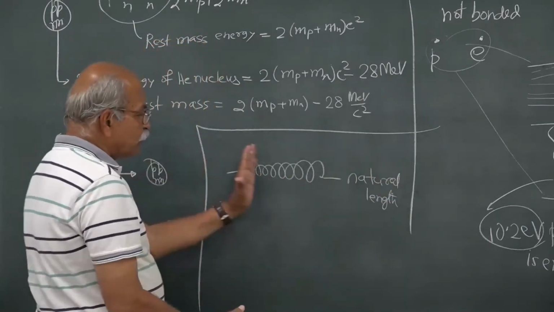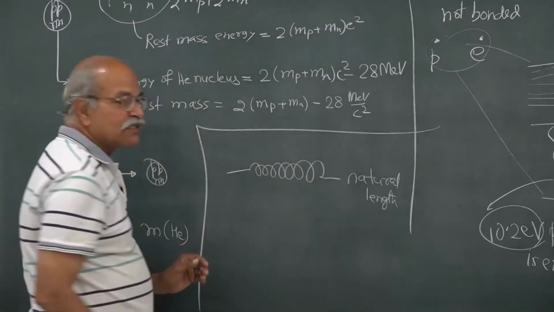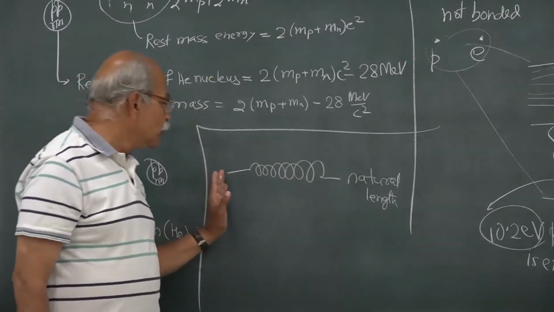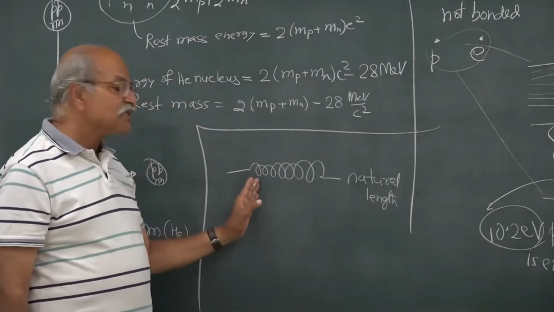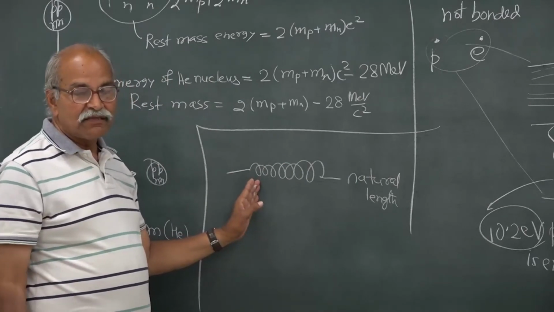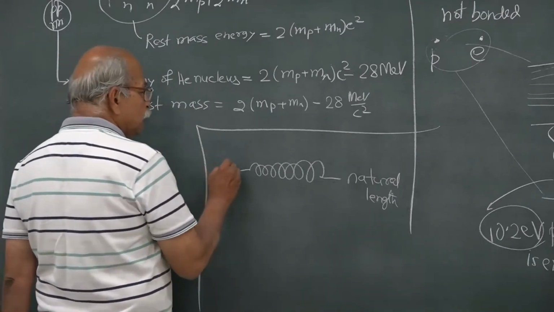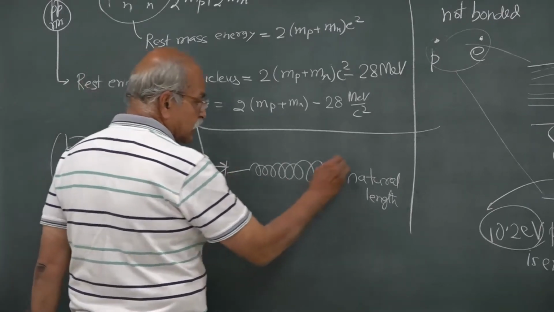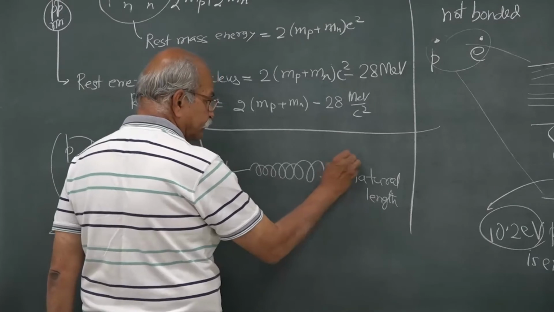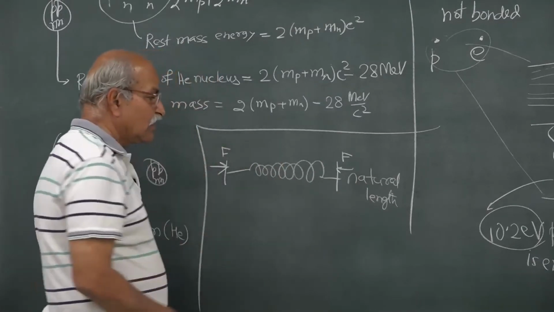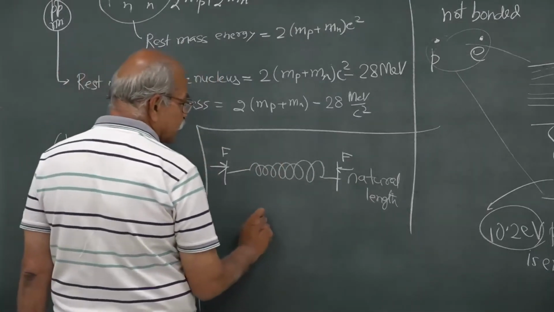You apply a force from this side, you apply a force from this side. This end moves in this direction, so you have positive work done by the applied force. From here also you have positive work.